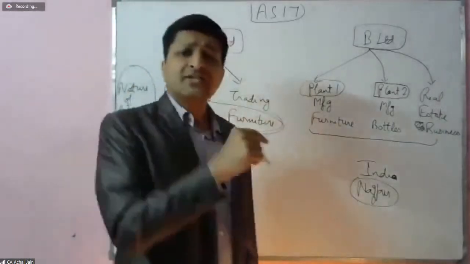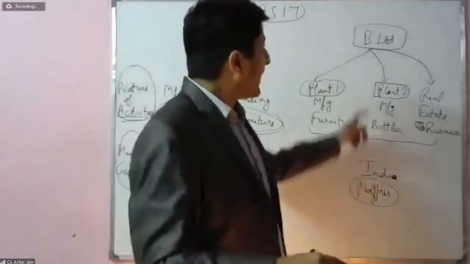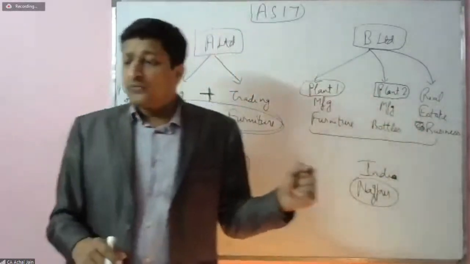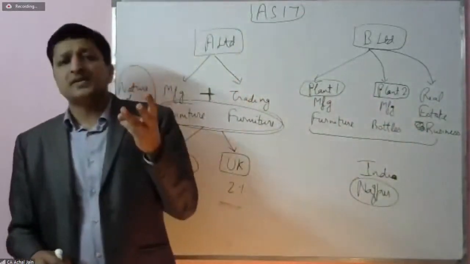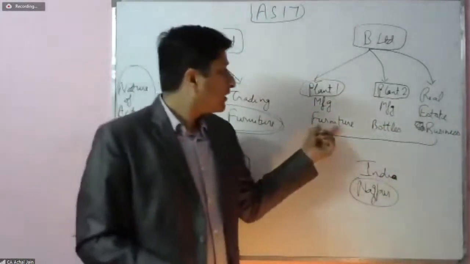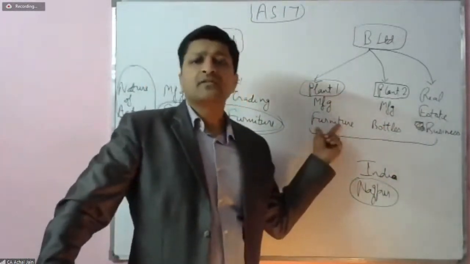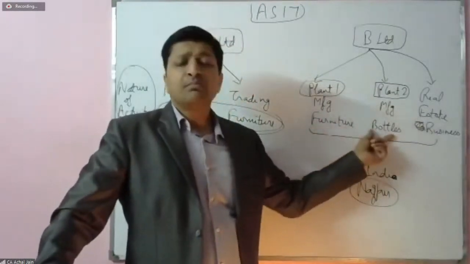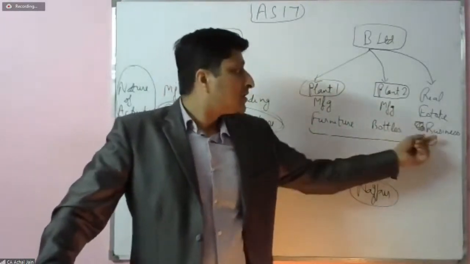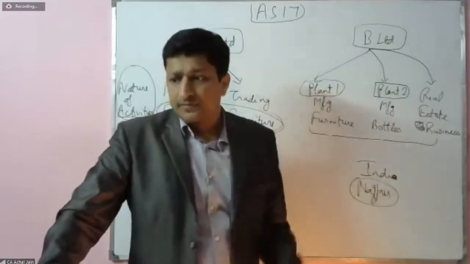If we go by the nature of activity, and if you look at this company, for this company there will be three segments. One is manufacturing and sales of furniture. Second is manufacturing and sale of bottles. Third is real estate business.